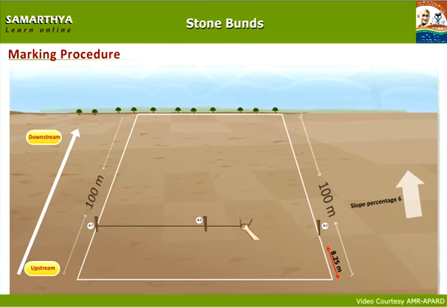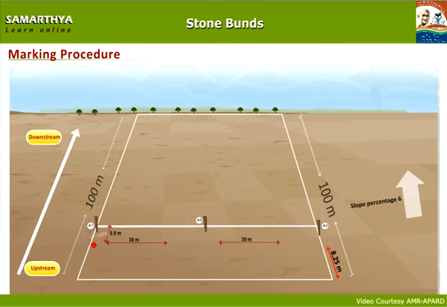Since the bottom width of the stone bund is 0.9 meters, draw another parallel line before it at a distance of 0.9 meters. To draw this at a distance of 0.9 meters from the contour line with a spacing of 30 meters, make 3 wooden pegs at B1, B2 and B3.